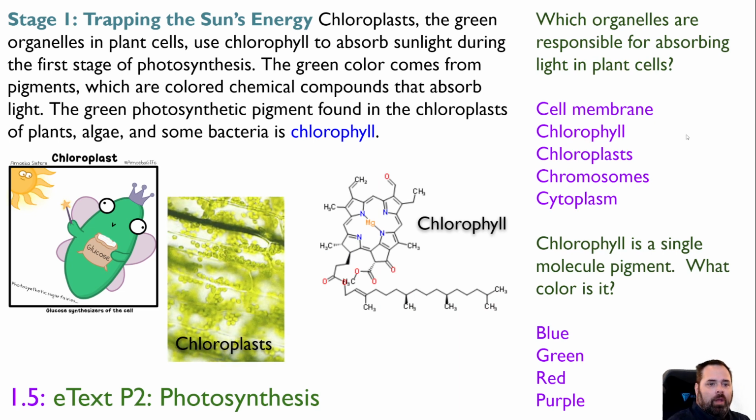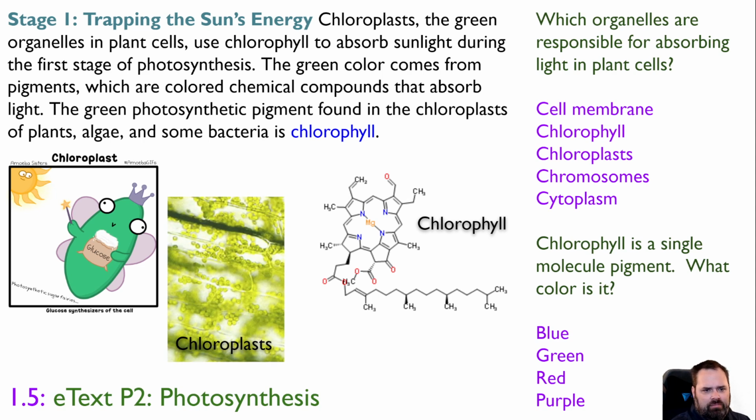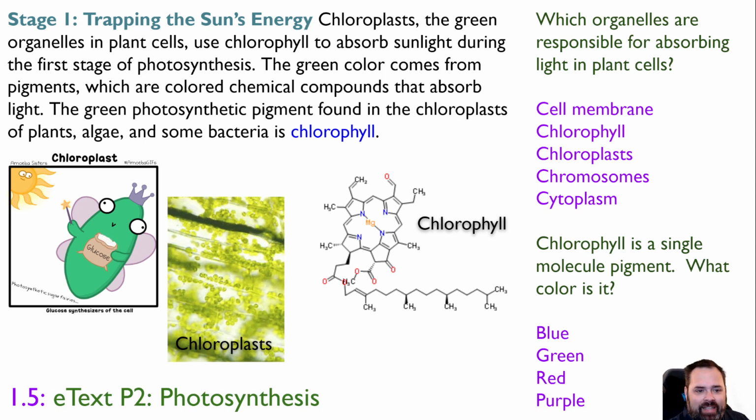Questions. Which organelles are responsible for absorbing light in plant cells? The cell membrane, chlorophyll, chloroplast, chromosomes, or cytoplasm.